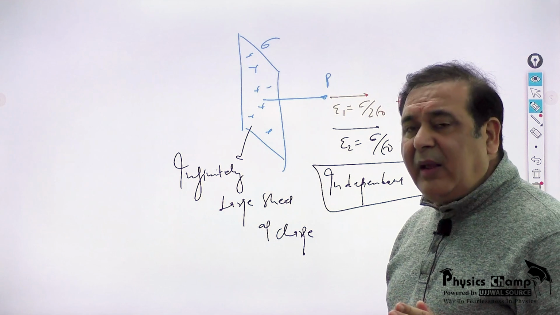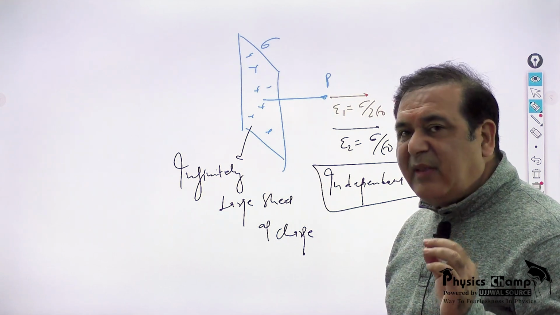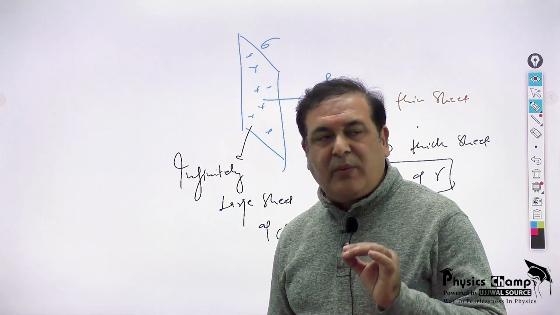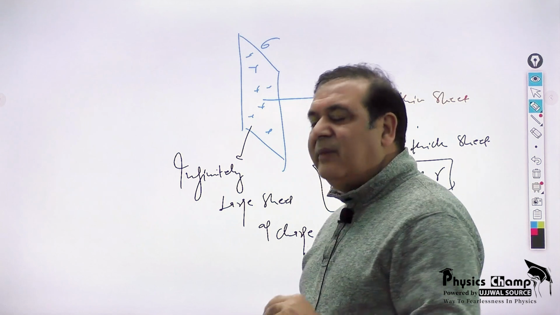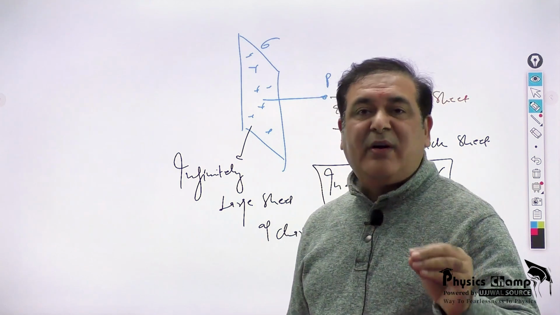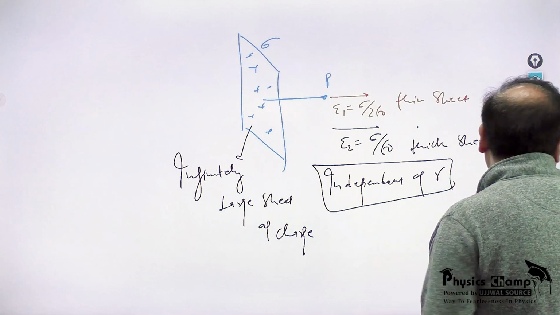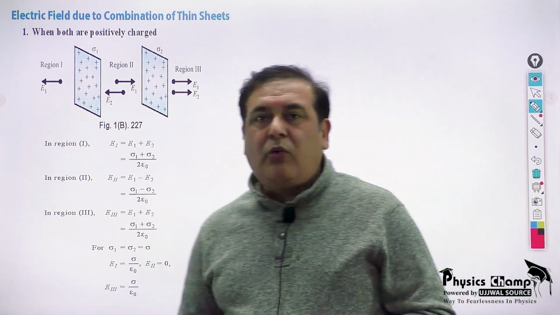Generally in most of the questions you will find the example of a thin sheet. If nothing is said about the sheet, then automatically you will take it as a thin sheet. If it is a thick sheet, then it will certainly be mentioned in the question. Now after getting this result, as a special case, let's take electric field due to a combination of sheets.